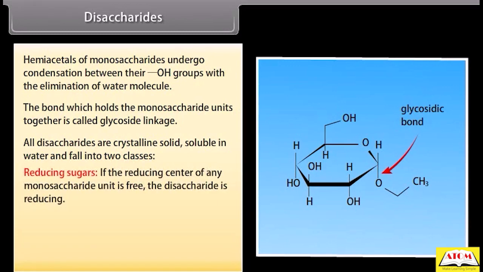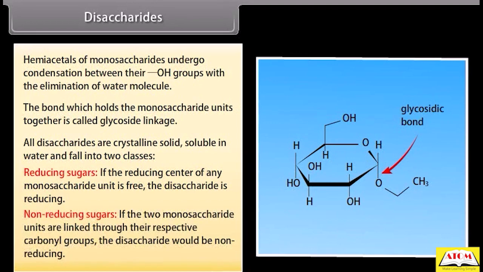Reducing sugars: if the reducing center of any monosaccharide unit is free, the disaccharide is reducing. And non-reducing sugars: if the 2 monosaccharide units are linked through their respective carbonyl groups, the disaccharide would be non-reducing.